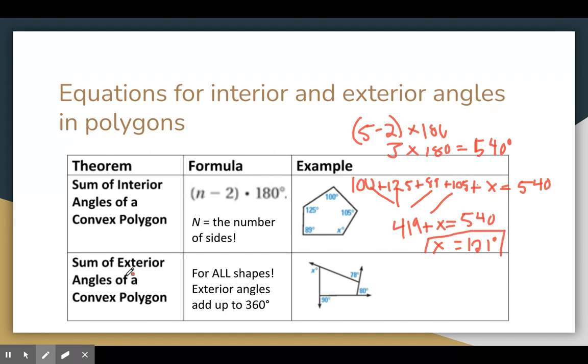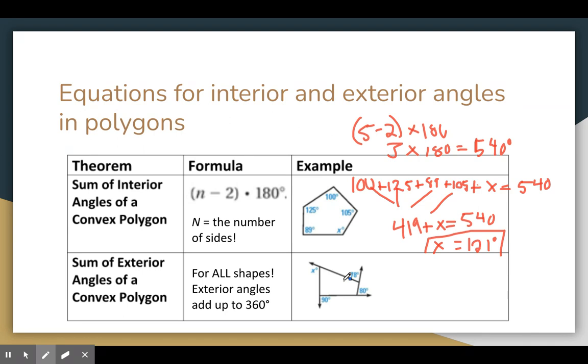Okay, now exterior angles. The rule that you're always going to have is that for all shapes, no matter how many sides there are, the exterior angles will always add up to 360 degrees. So in this example, we have a 4-sided shape, right? We know that the interior angles of a 4-sided shape add up to 360, but the exterior angles of a 4-sided shape also add up to 360.